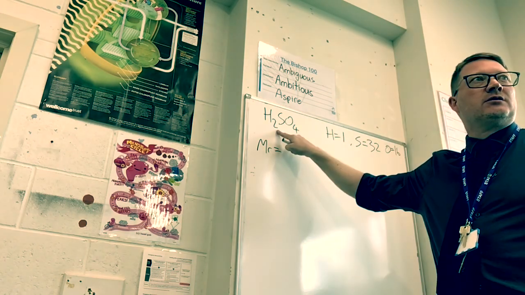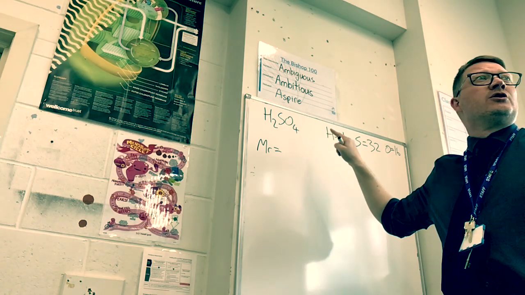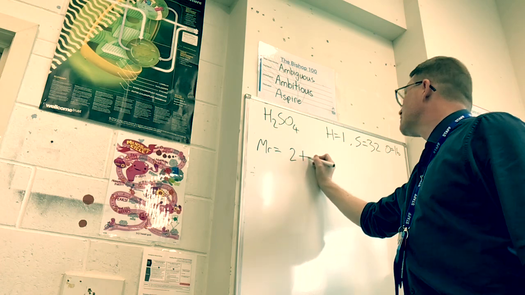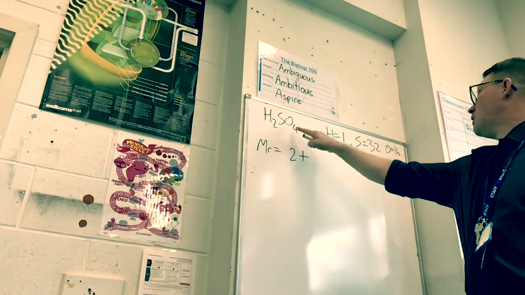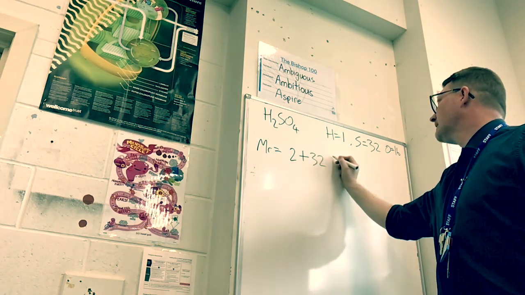How many hydrogens have I got? 2, and hydrogen's worth 1 each, so altogether that comes to 2. Right. So hydrogen is worth 2 plus, how many sulfurs have I got? Only 1, and it's worth 32. 2 plus 32. Right.